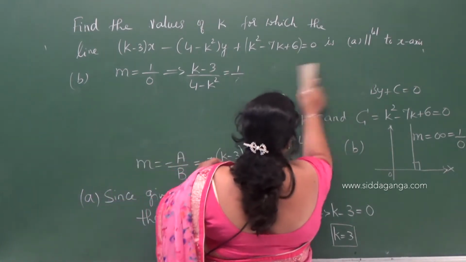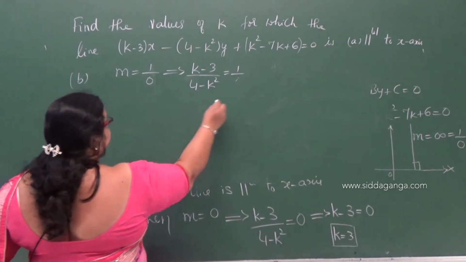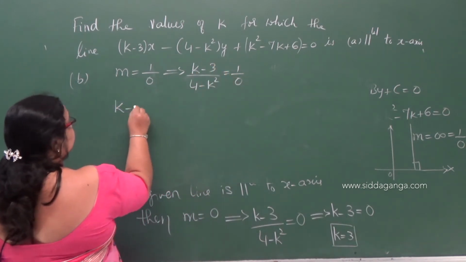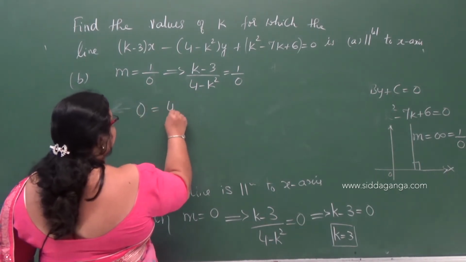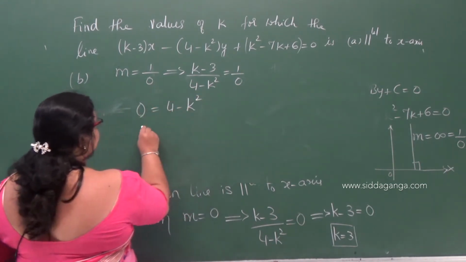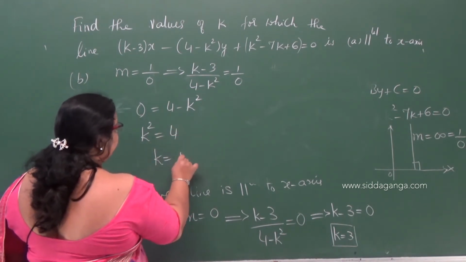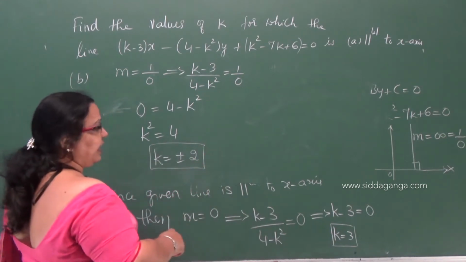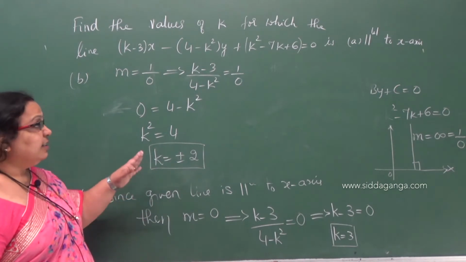Now we have to cross multiply. When we cross multiply, we get (k minus 3) into 0, which is 0, equal to 4 minus k square, or k square equal to 4, k equal to plus or minus 2. So for the values k equal to plus 2 and minus 2, we get the given line.